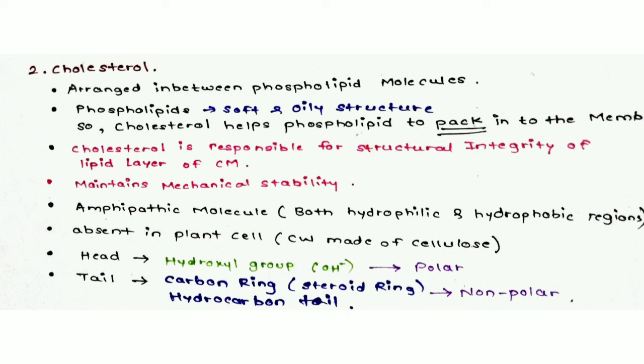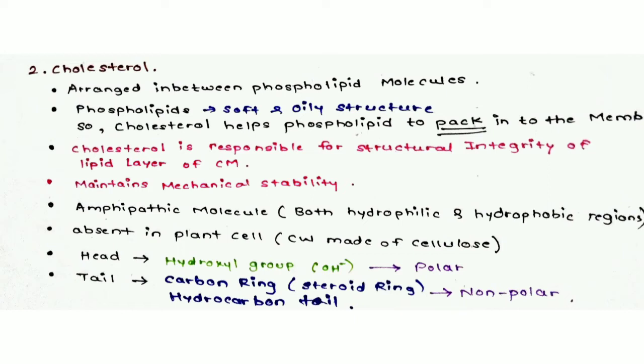Moving on to our second type of lipid, that is cholesterol. Cholesterol is arranged in between the phospholipid molecules. As you know, phospholipids are soft and oily structures. So when phospholipids are arranged next to other phospholipids, these are two oily surfaces, so they cannot be properly packed or properly attached.